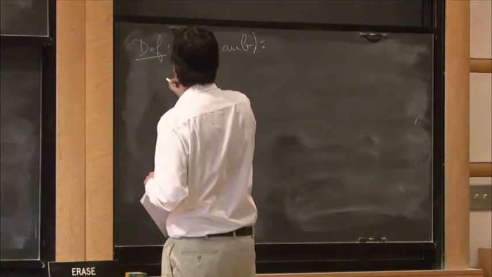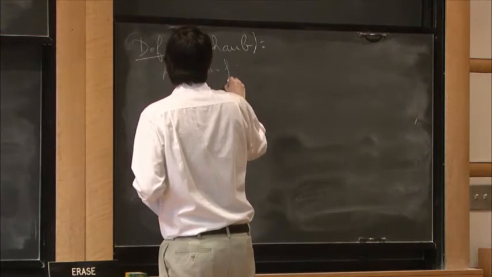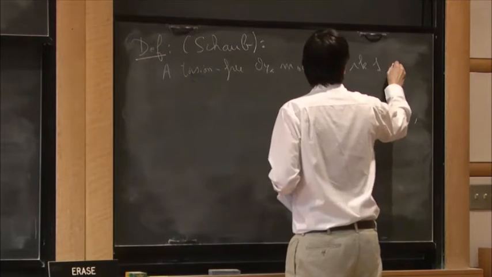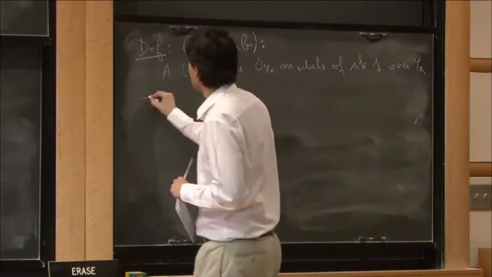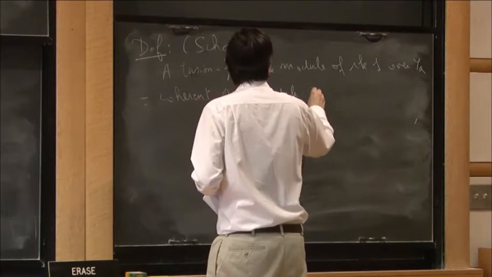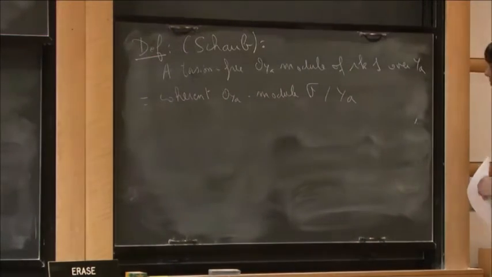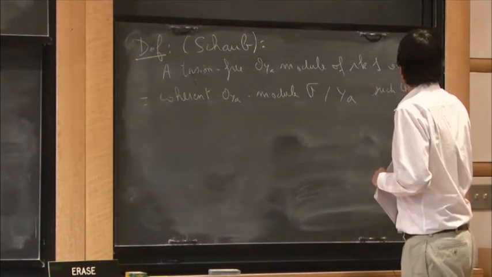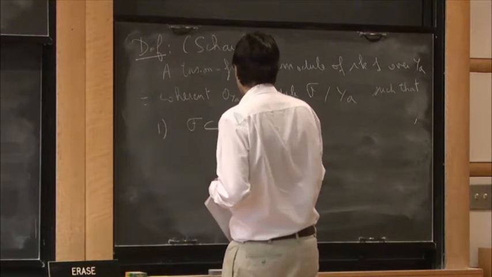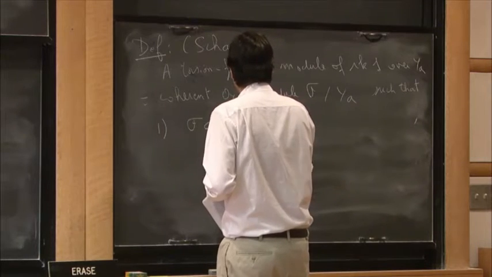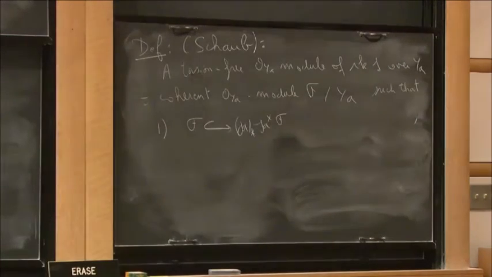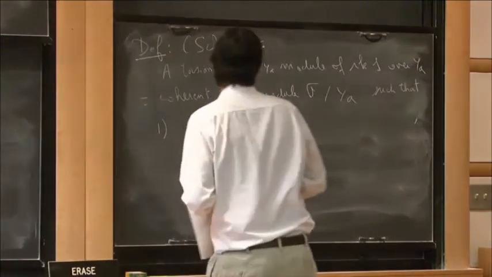And the object will be a torsion-free O_Y module of rank 1 over Y_A, that is, a coherent O_Y module F over Y_A such that, first, the morphism from F to the push forward of the pullback of F on the generic fiber Y_A eta is injective.